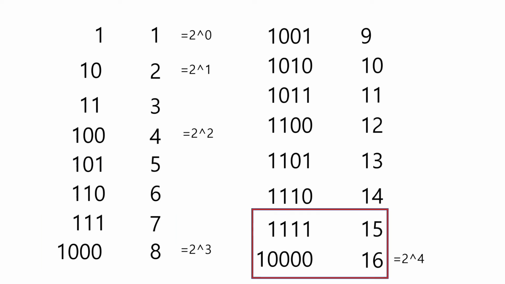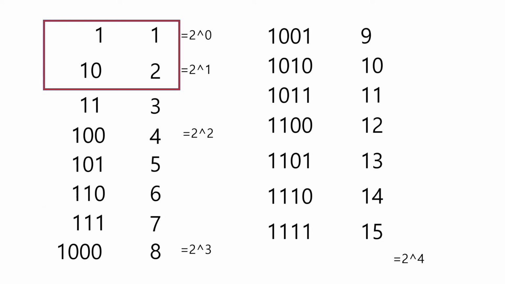And 15 has 4, and 16 has 5. What it means is that if you use the AND operation between those two numbers, you always get 0, because the number of digits is not the same.